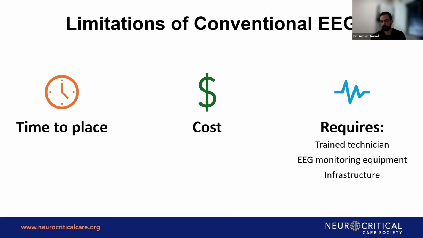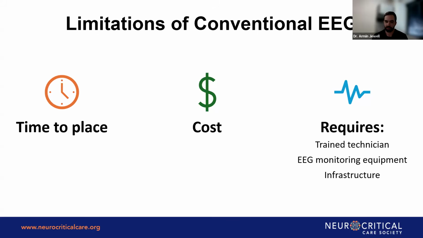There is cost, certainly, of the EEG tech's time, the EEG electrodes, the EEG recording software, the equipment required to bring it in, the electricity, networks, everything like that has a cost. And of course, it requires a trained tech to hook up the EEG monitoring equipment, as well as the infrastructure to have it put into the reading portal, so EEG techs can look at it, as well as physicians to read the EEGs.